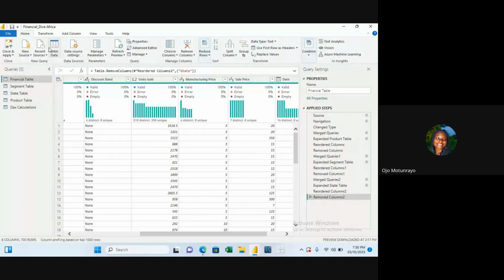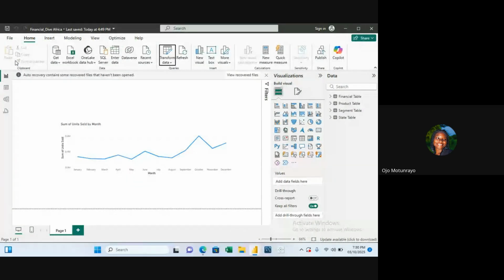Let's transform it first. Let's close and apply rather. We've created the table already. Sorry, close and apply.